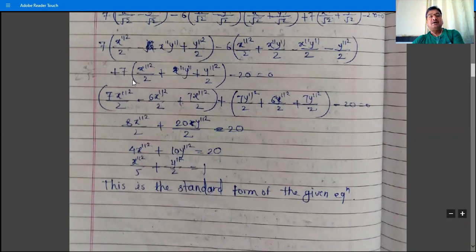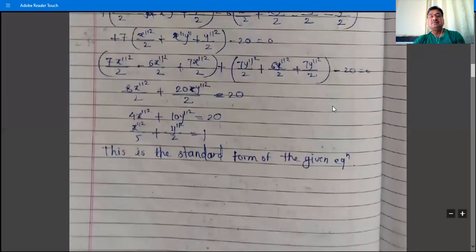Then collecting the coefficients of the x'' square terms: 7 x'' square by 2, minus 6 x'' square by 2, and plus 7 x'' square by 2. Then in another bracket, collect the y'' square terms: 7 y'' square by 2, then minus 6 becomes plus 6 y'' square by 2, and then plus 7 y'' square by 2, and minus 20 is equal to 0.